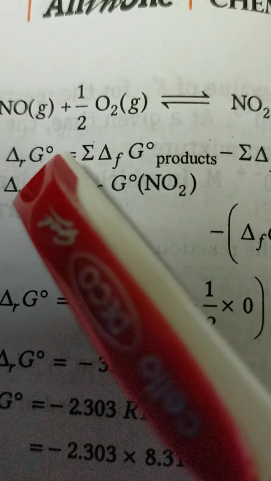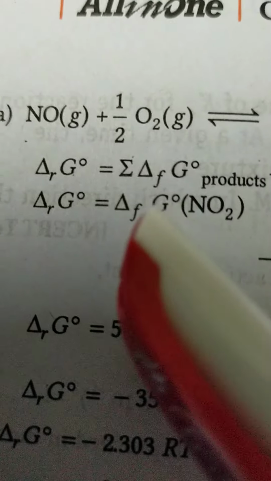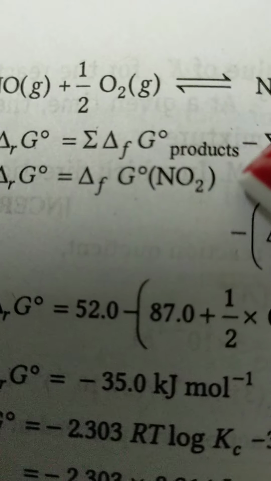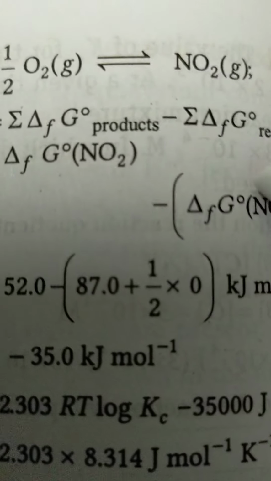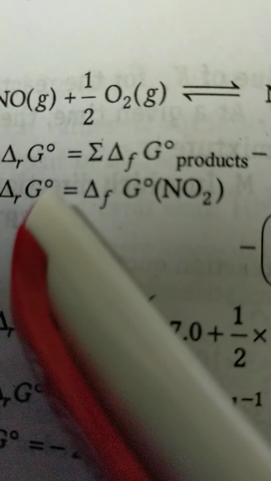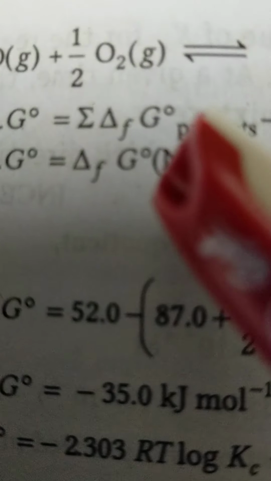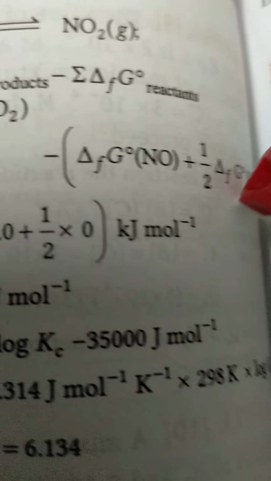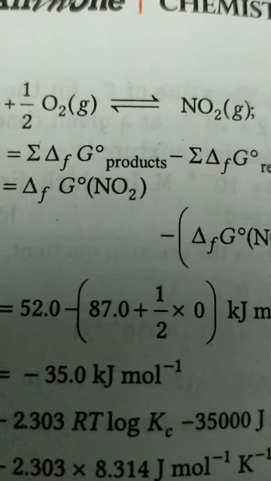Write the chemical equation. Delta G for the reactants is given. So products minus reactants. Delta G for the reaction is delta G of products minus delta G of reactants. So delta G for formation of NO2 minus delta G of NO plus 1 by 2 of O2.